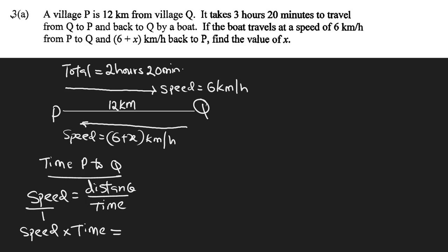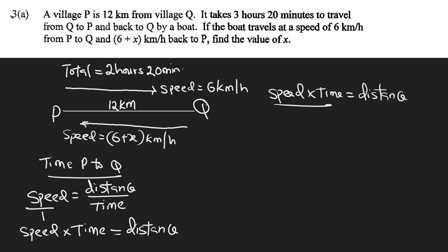Is equal to distance. So we are looking for time. We divide both sides by speed. Speed times time is equal to distance. So divide both sides by speed, as we said, because we are looking for time.